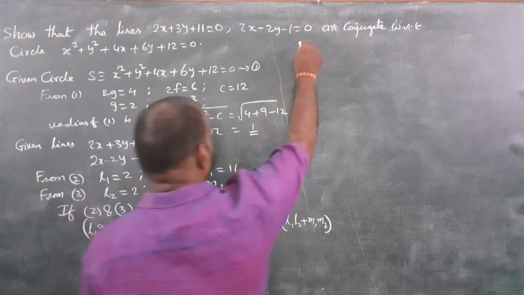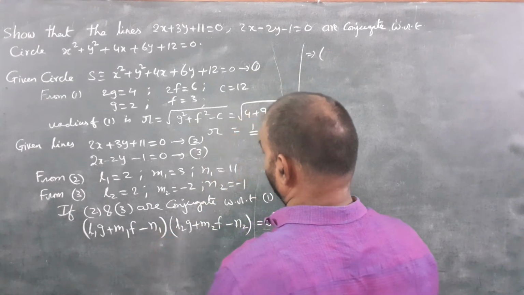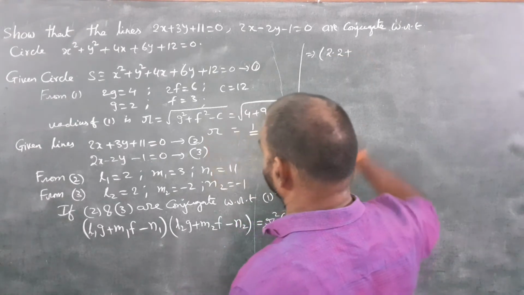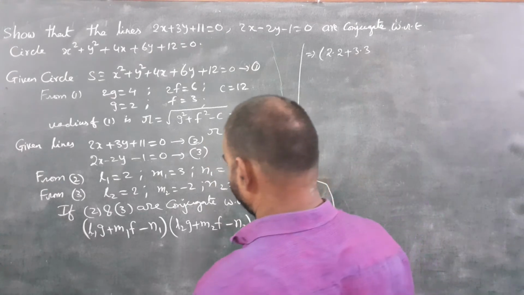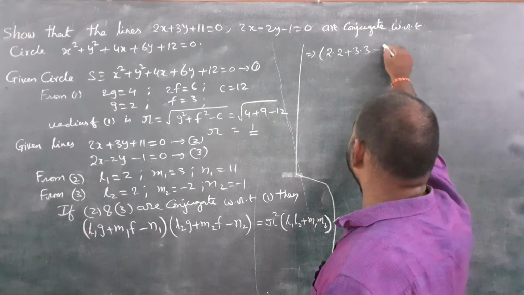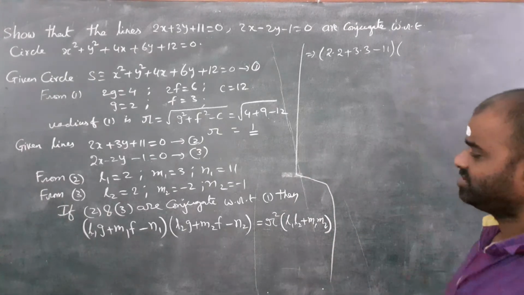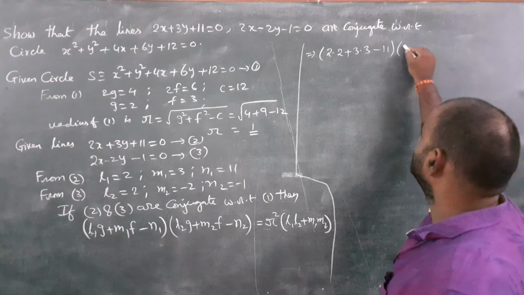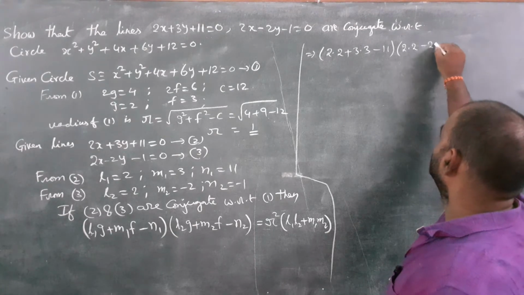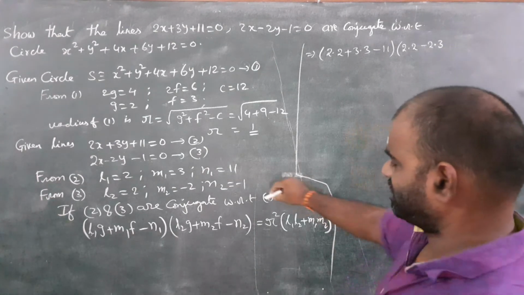In the first bracket, L1g: L1 is 2 into g, which is again 2, plus M1f, M1 is 3 and f is also 3, minus N1, which is minus 11, into L2g: L2 is 2 into g which is 2, and M2 is -3 into f which is 3, minus N2, where N2 = -1.